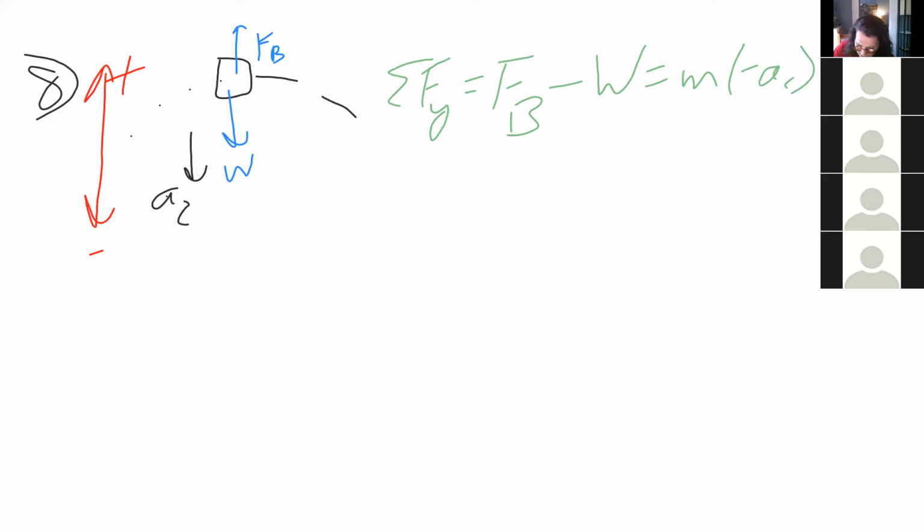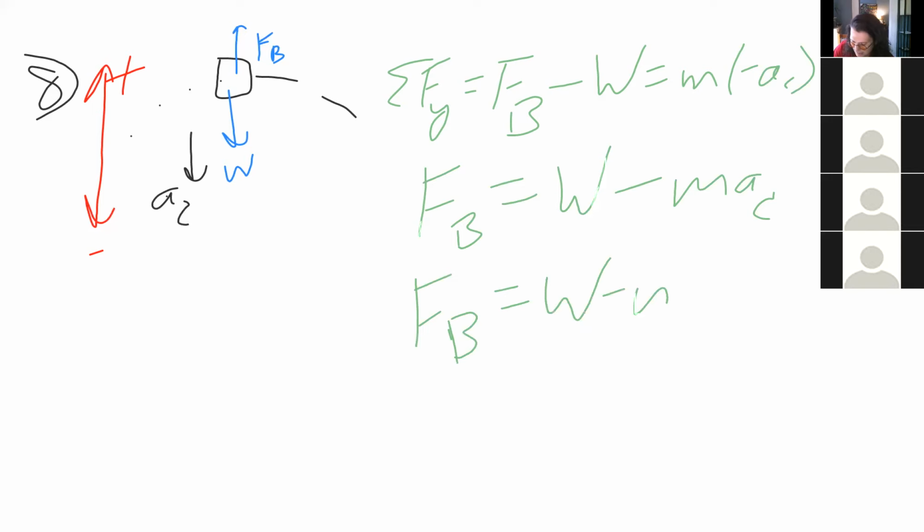so I'm asked to find the boom force. And so far it's looking pretty straightforward that the boom force is equal to weight minus m a_c. Of course, I don't have the acceleration explicitly, but what I do know is that the centripetal acceleration is v squared over r. So we could say that our boom force is the weight minus m v squared over r. That r is only in the second term there.